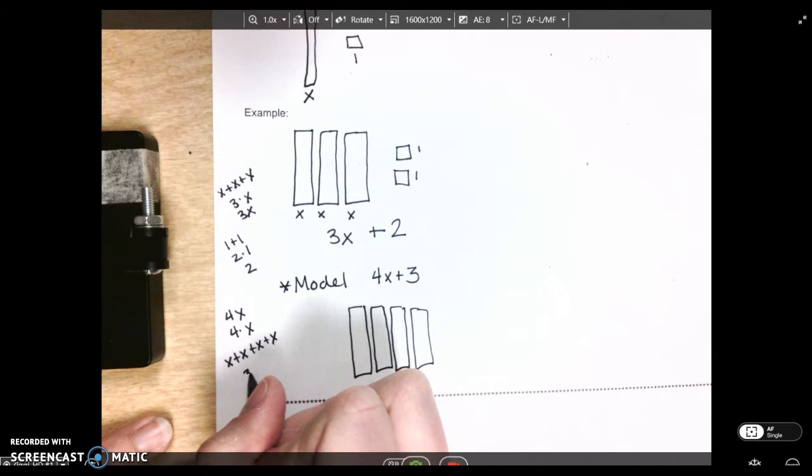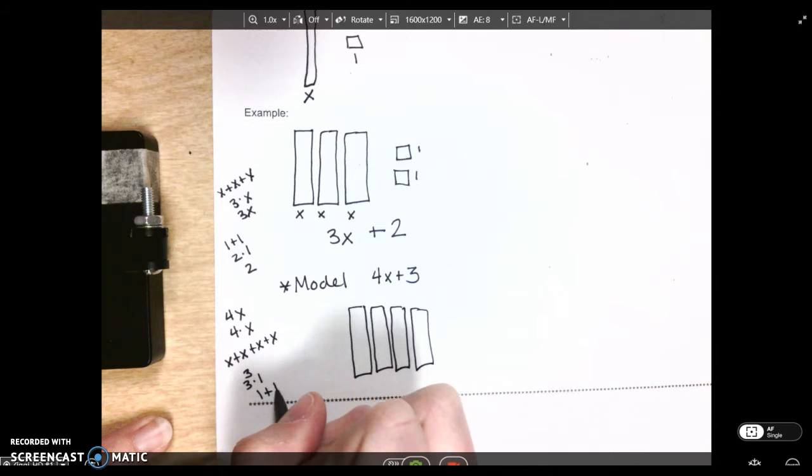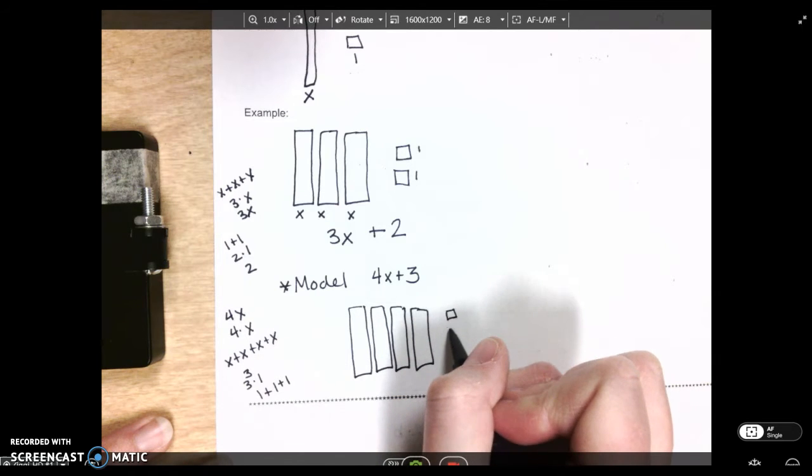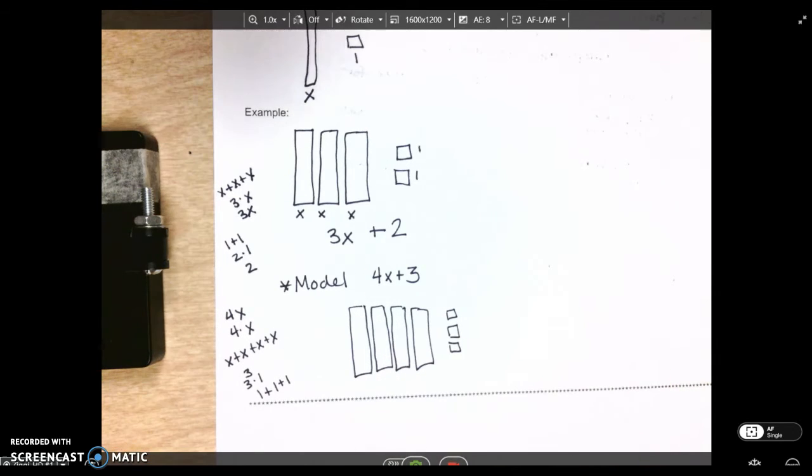And then I have 3, which is 3 times 1, which is 1 plus 1 plus 1. So there you go. So this is the first step that we started working on in Math 6 to help build a general understanding of how to create equivalent expressions and how do we use models and diagrams to help us generate those equivalent expressions.